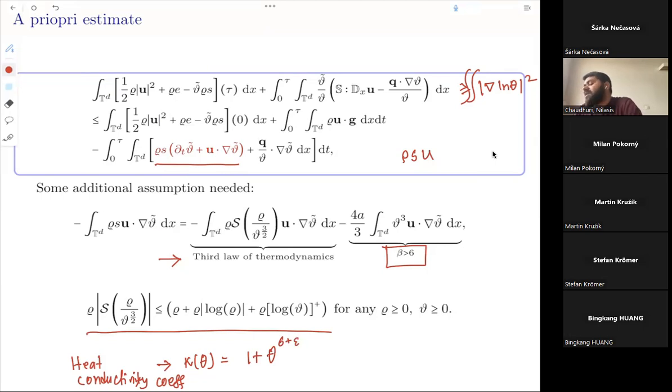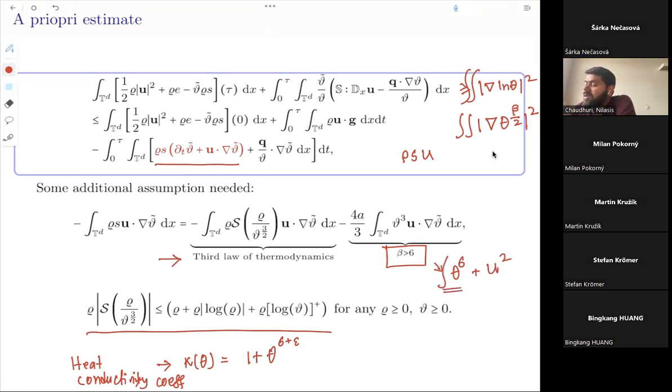This is some additional assumption that we have to consider in this case. So if you have this, then you can get something like theta power beta over 2 squared. And this is actually some theta power 6 times u squared, something like this.